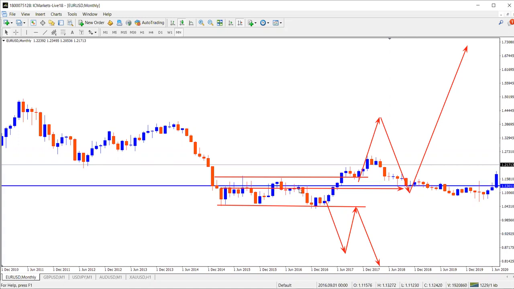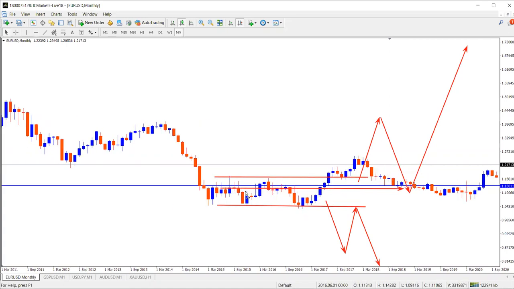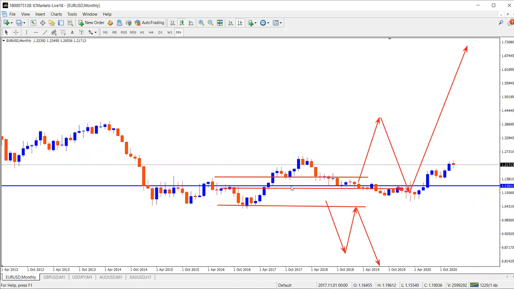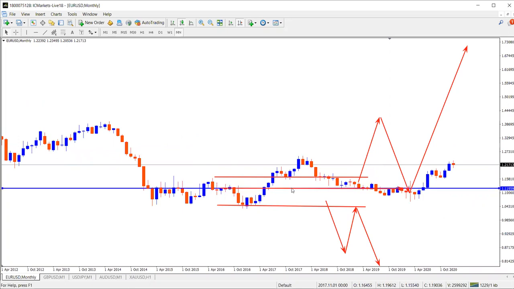You see that this is the area of the candlestick. So when you make your entry around this area, your stop loss should be below the low.